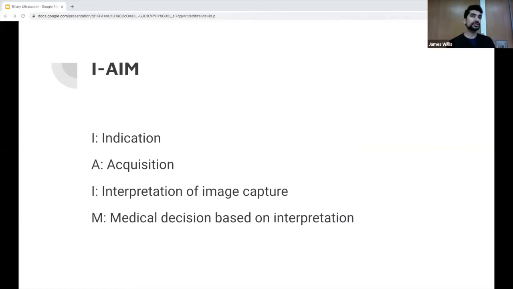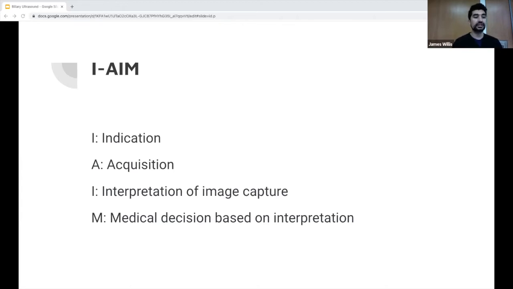So the breakdown of this presentation, I wanted to go over the model of IAIM, which is a model for bedside ultrasound. It's an acronym: I is indication, basically choosing the right study for the appropriate reason. A is acquisition, making sure you obtain a good quality image with everything you need to interpret.